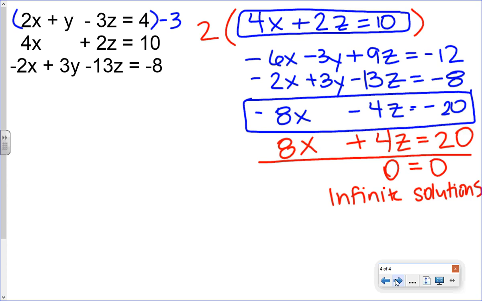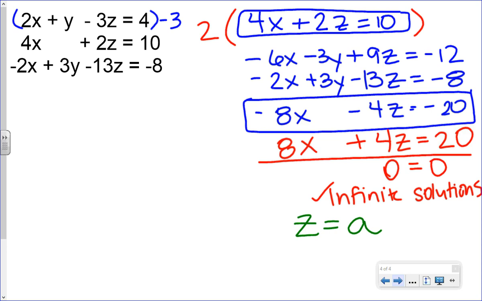Once you get to this point, I want you to pick a variable and set it equal to A. Since we were working with x and z here, I want you to pick one of those. Z equals A. And we're going to write each variable in terms of A. I'll show you what the answer is going to look like in a moment, so bear with me.